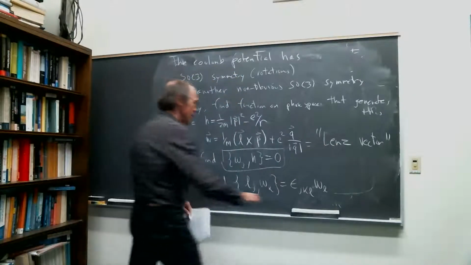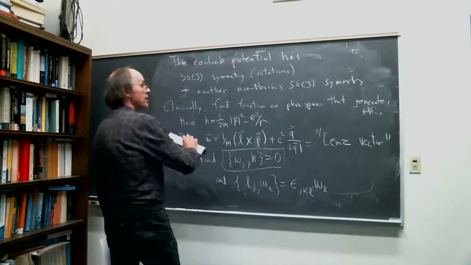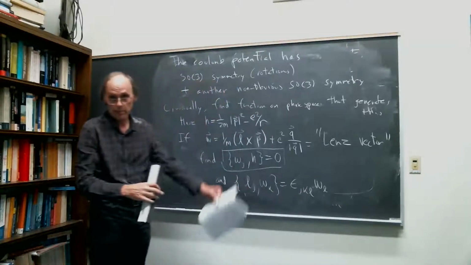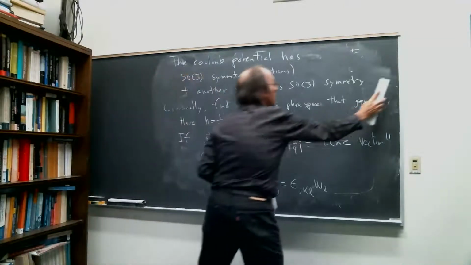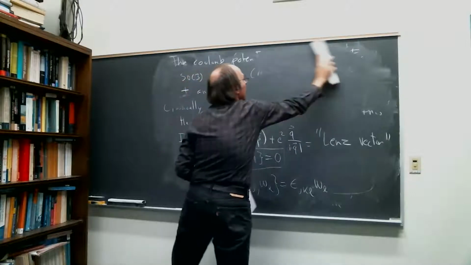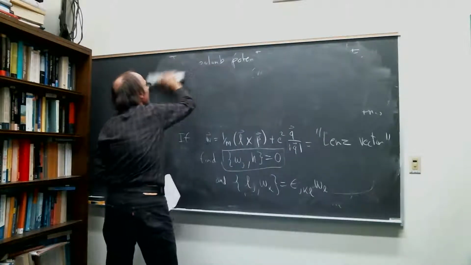But then here's the trickiest one: what happens if you take the Poisson brackets of the W's with themselves.